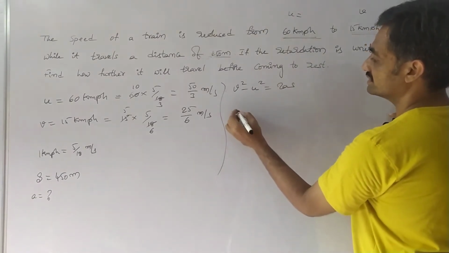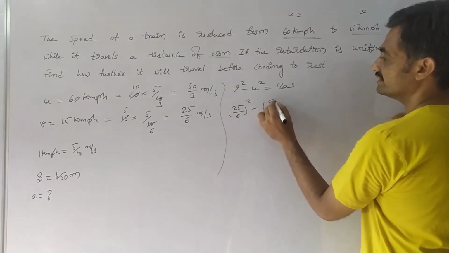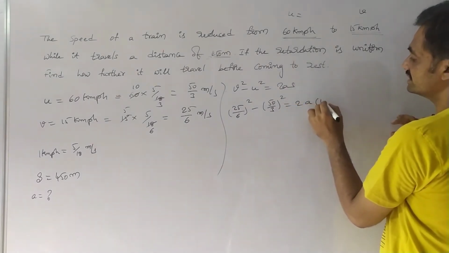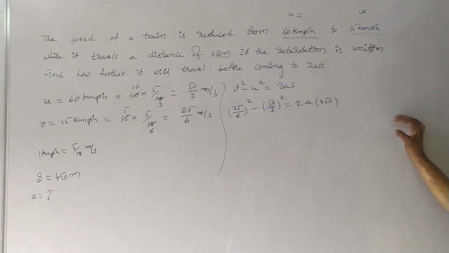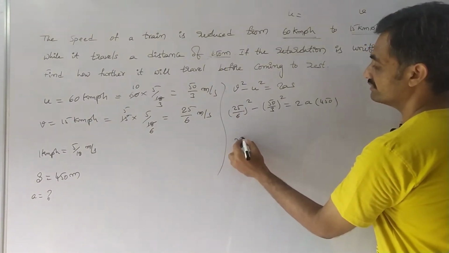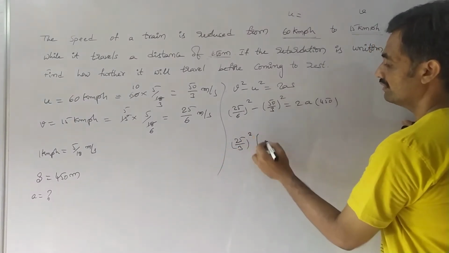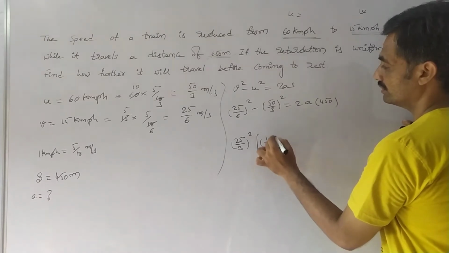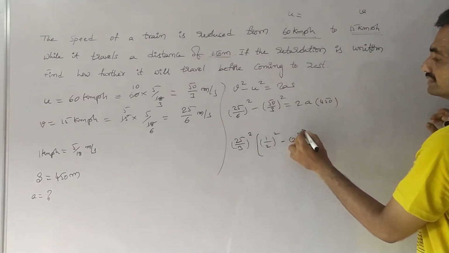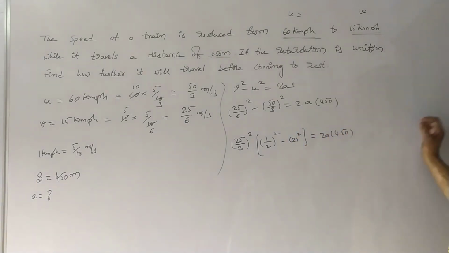If we substitute these values, we have 25 by 6 whole square minus 50 by 3 whole square equals 2 into a into 450. Taking 25 by 3 as common, we have 25 by 3 whole square times 1 by 2 whole square minus 2 whole square, equals 2a into 450.